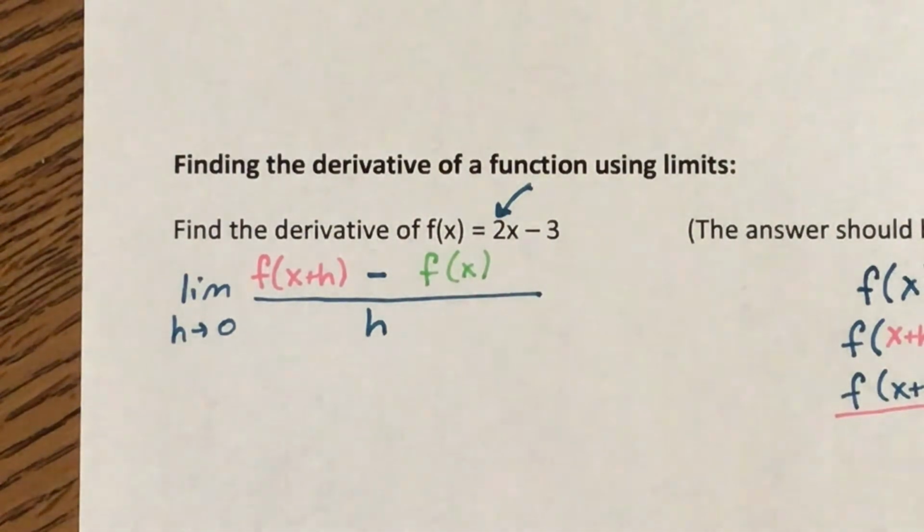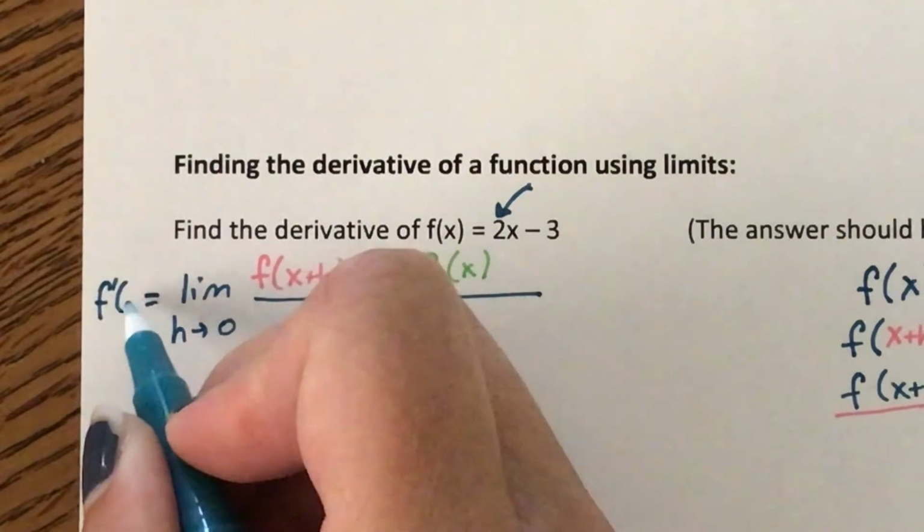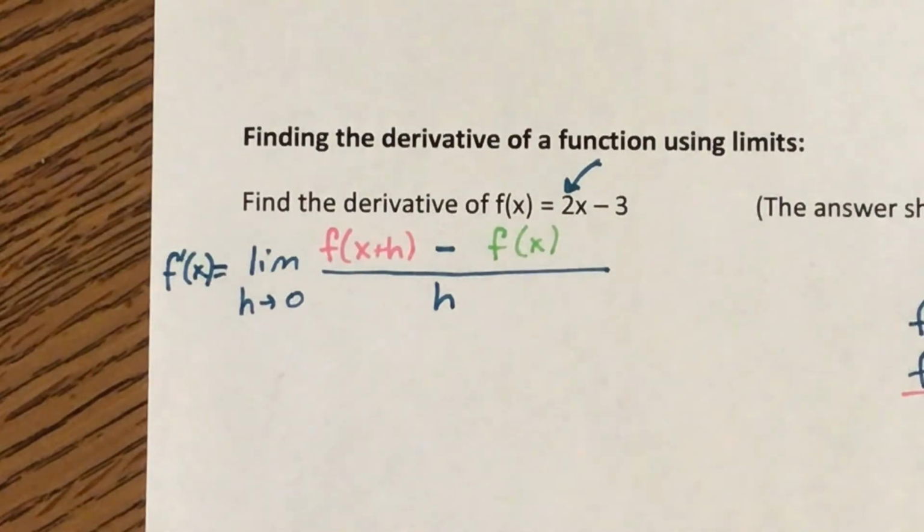Alrighty, this limit equals f prime of x. Okay, and f prime of x is the slope of a function at a point. The derivative is the slope of a function at a point.